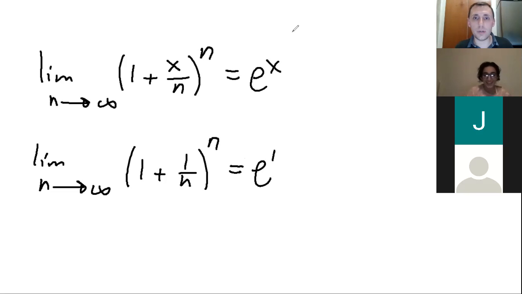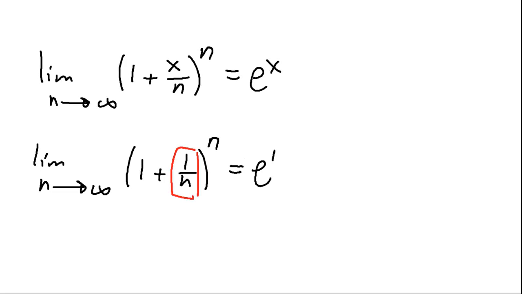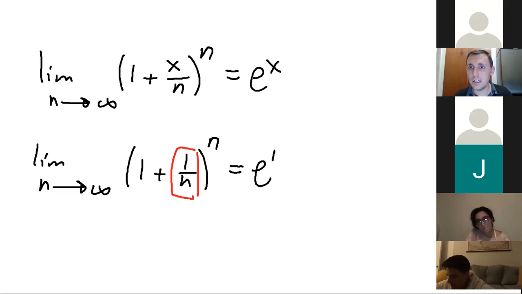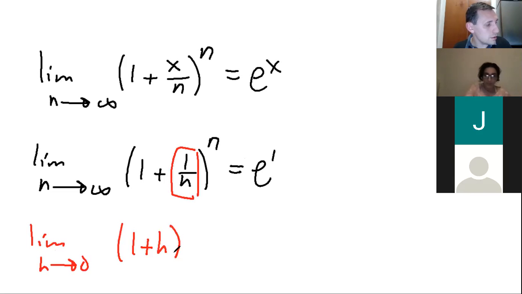Now, let's look at it carefully. This is a vanishing number. It's something that goes to 0 rapidly. So I can write it as the limit as h goes to 0 of 1 plus h, and then what is this?